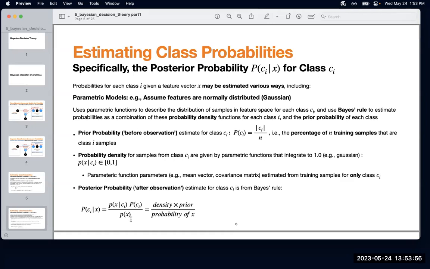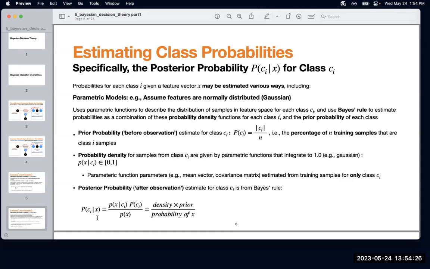The probability of the input is essentially the same no matter what class you have, no matter what condition you have. So it's not really varying as you calculate the probabilities for the different classes. You would have the same denominator every time that you estimate your posterior.